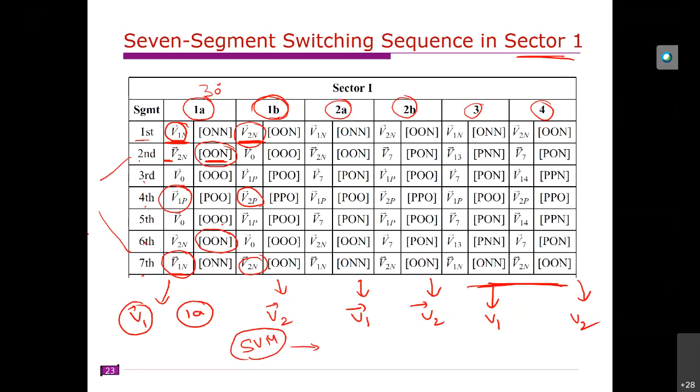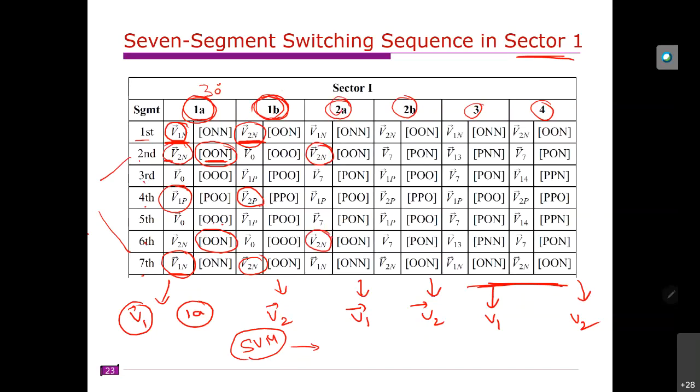With these different P-type and N-type space vectors, you cannot completely balance those. Because if it is in one segment, for example in 1A or 1B, or in region 1 and 2, here it is continuously increasing, and here also it is continuously increasing or decreasing.